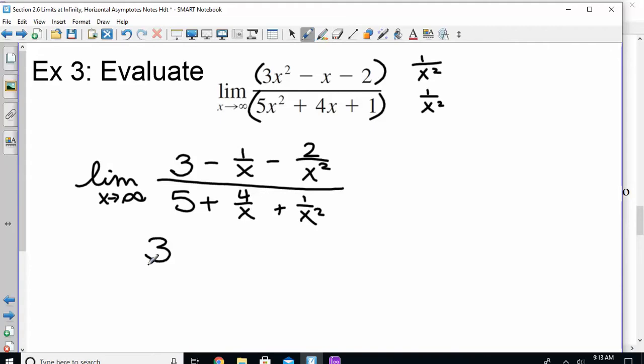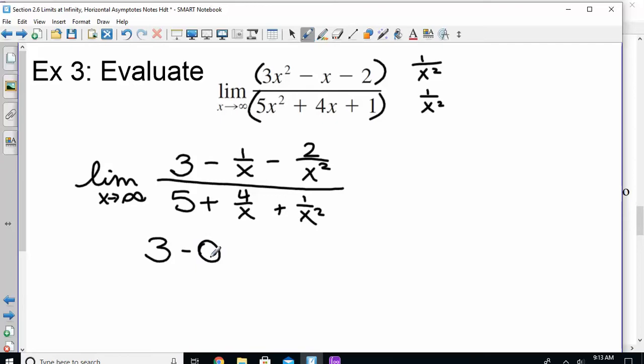If I have 1, and I divide it by a bigger and bigger and bigger number, what is that going to? 0, right? If I have 1 cookie, and I split it between just Landon and I, we each get half. If I split it between Landon, Lauren, and I, we each get a third. If I throw Maddie in, we're getting a fourth. As I add more people, we're getting less and less of that cookie. So it's going to 0.